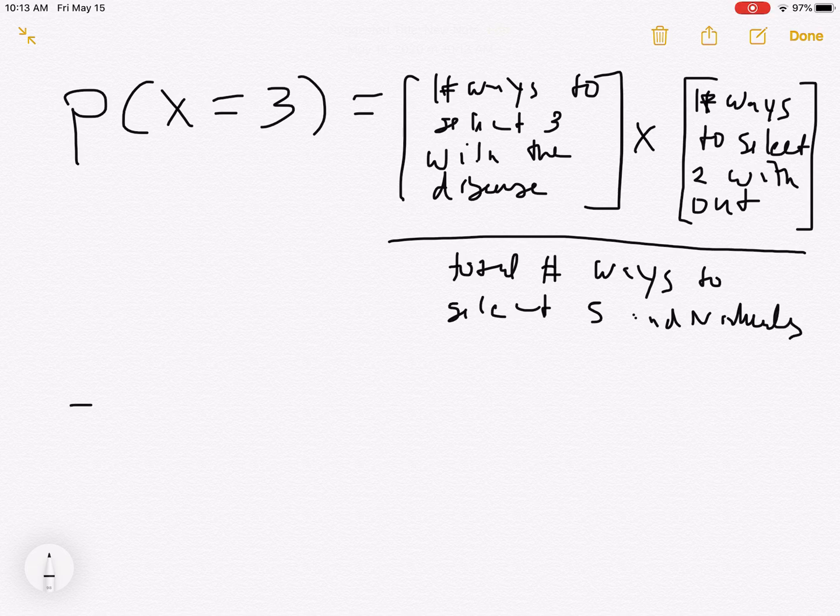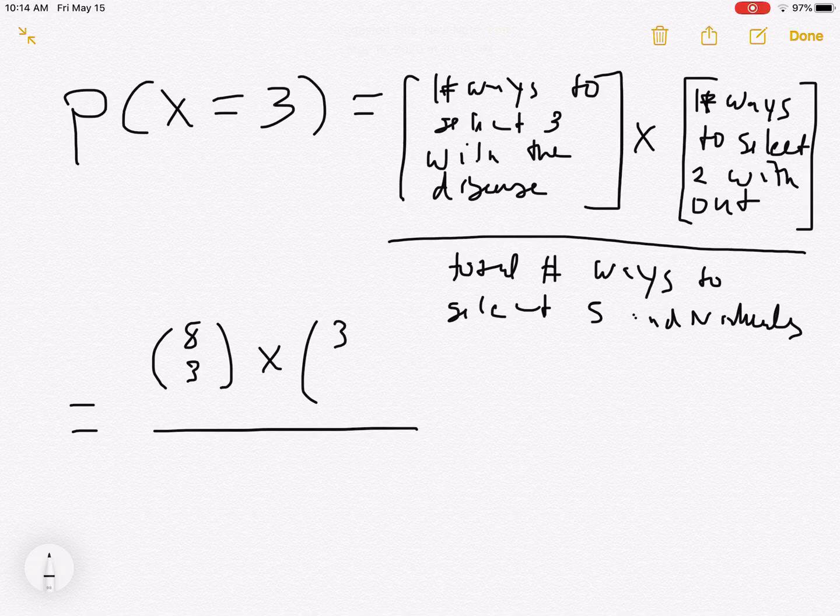Okay. Well, if we go back to chapter 1, the number of ways to select 3 with the disease, we don't care about order, we just care that they have the disease. That's a combination. So it looks like, well, there are 8 with the disease, I need to select 3 of them, 8 choose 3, times, there are 35 individuals, and 8 of them have disease, so 35 minus 8 do not have the disease.